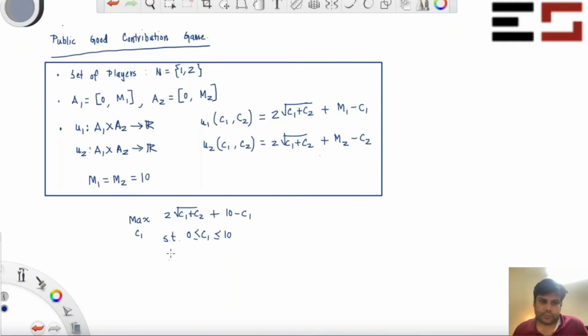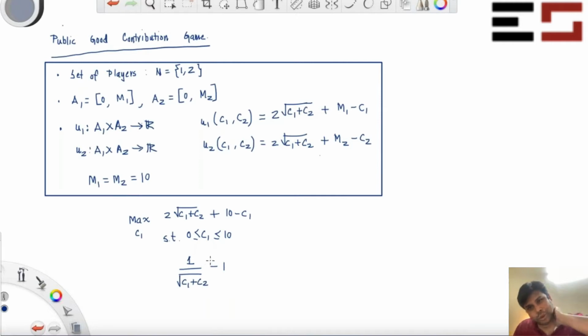So what is the derivative? It is 1 upon root C1 plus C2, minus 1. Is that okay? That's the derivative. You can easily see this is actually a concave function.